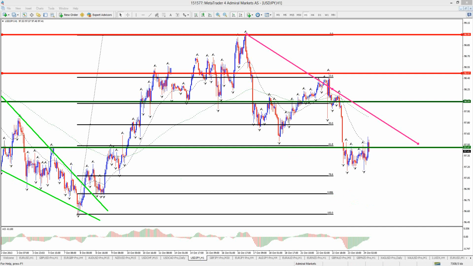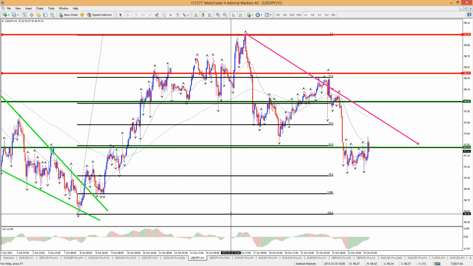I definitely would like to see the price bounce off the 886 fib. Otherwise, I think the chances of a wave 1-2 are slim. And of course, if the wave 1 bottom gets broken at 96.56, then this is definitely not a wave 1 and 2. That is the invalidation level, 96.56.